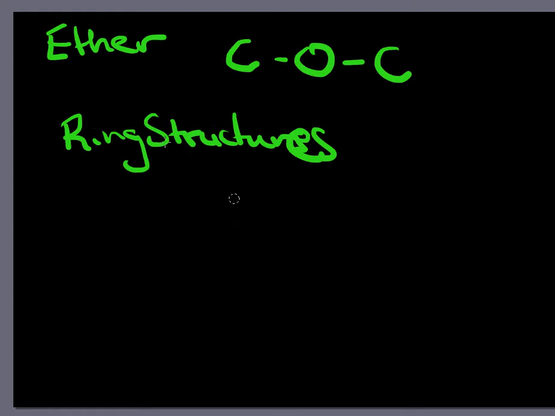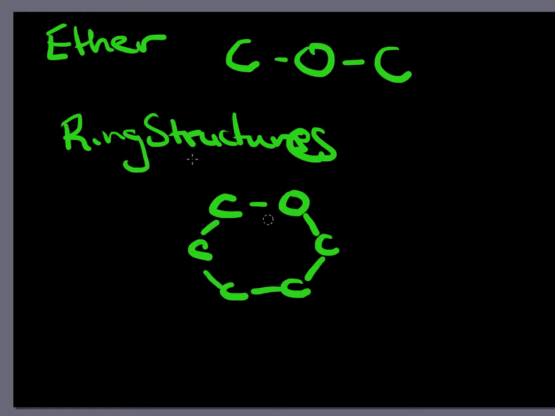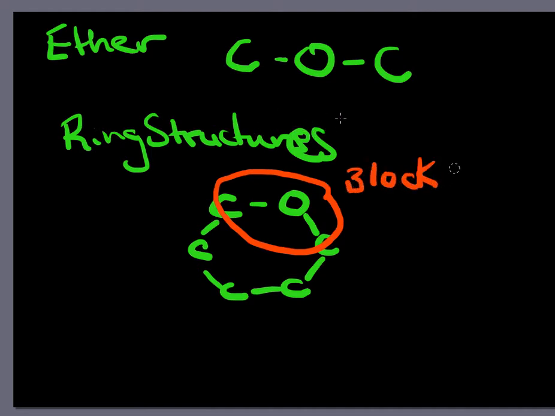So I was drawing a ring structure with a carbon before in that corner of that ring. But this time we're going to put our ether there. And that does something very particular to this portion of the molecule. Basically what it does is it blocks further bonding.